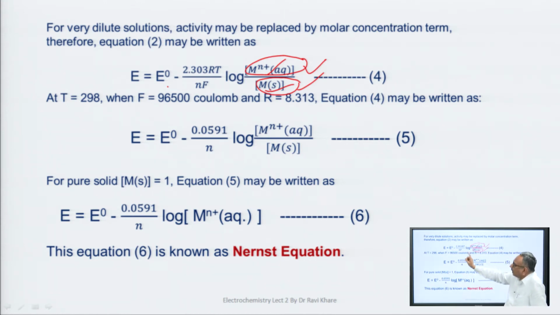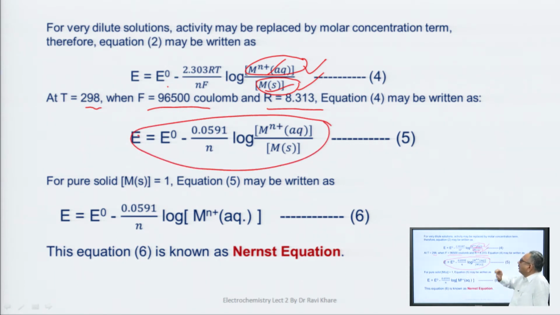Now, putting the value of T equal to 298 K, 25 degree Celsius, F equal to 96500 coulomb and R equal to 8.313, and 2.303, when you simplify, you will get 0.0591 upon n.